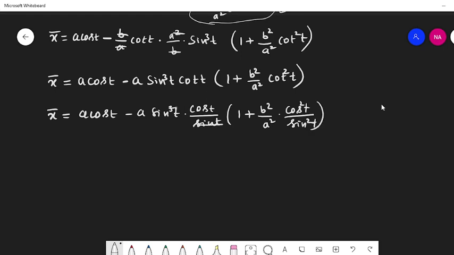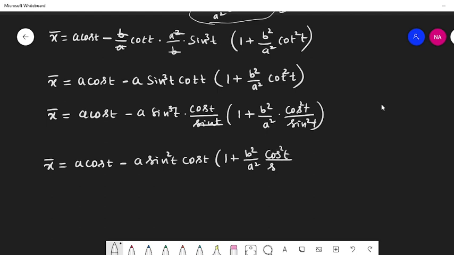So this one sin t cancels, so we get x bar equal to a cos t minus a sin square t cos t times 1 plus b square by a square cos square t by sin square t.